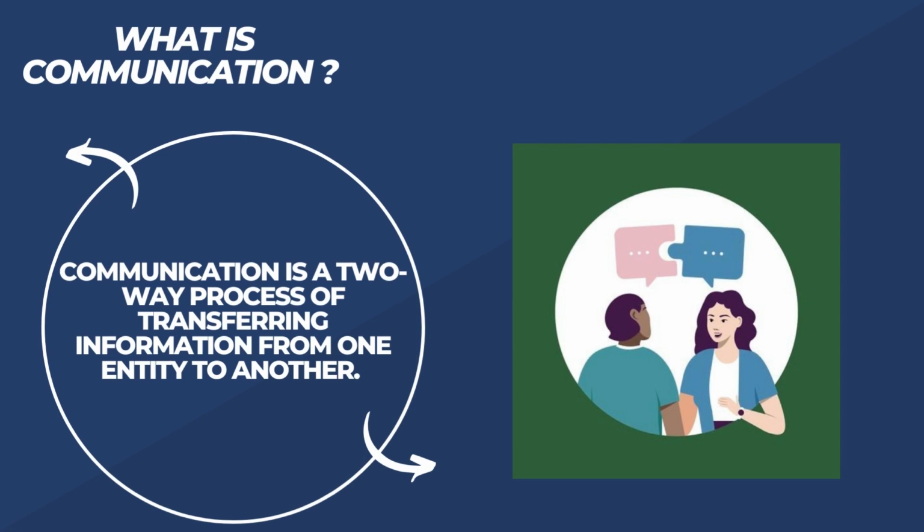Effective communication is essential for building trust, resolving conflicts, and achieving shared objectives. Communication skills can be developed through practice and training, and they are essential in a wide range of fields, including business, education, and other sectors.